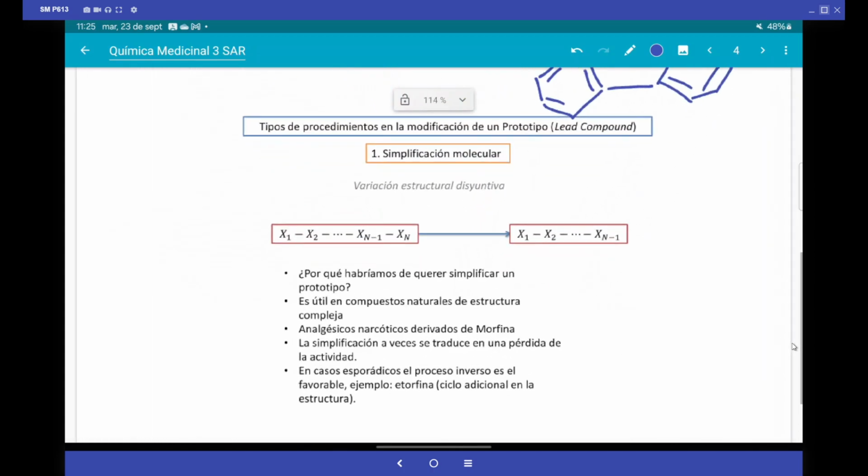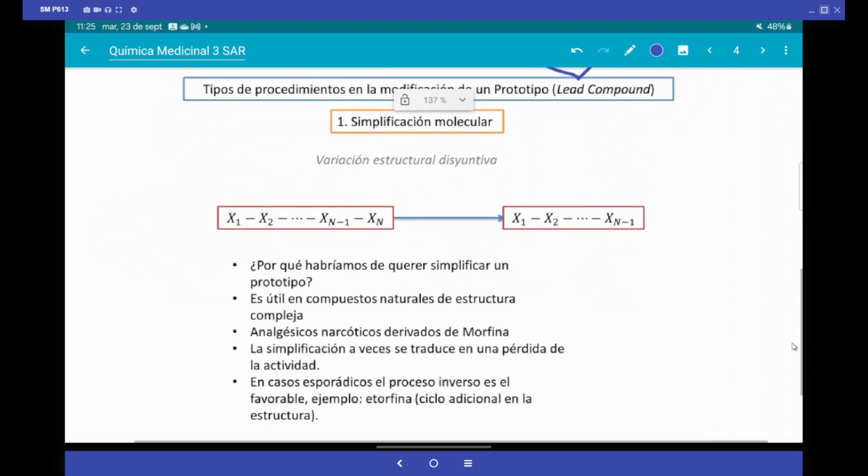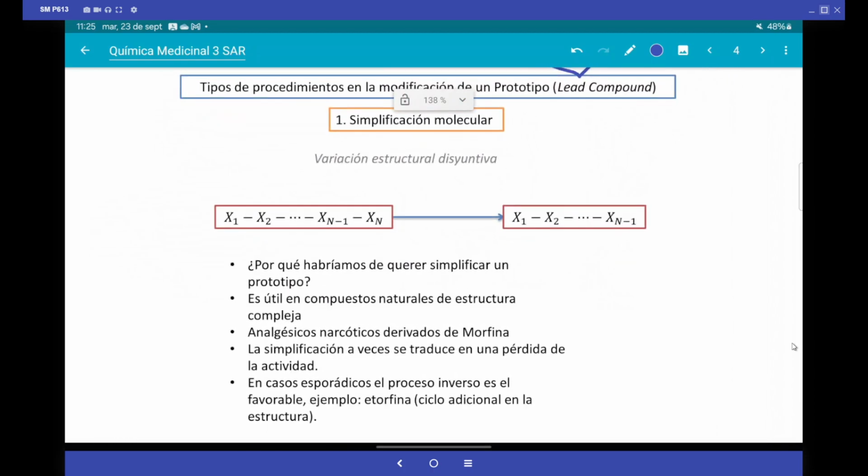Well, let's see. Now on the other hand, it says types of procedures in the modification of a prototype. How can we modify a prototype, a lead compound? The first strategy, the simplest, is nothing more than structural simplification, which consists of simplifying the molecule by eliminating fragments.